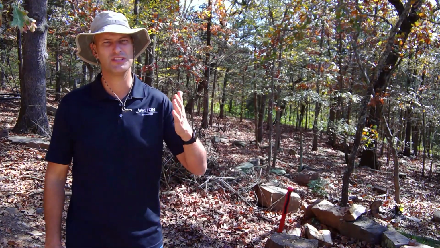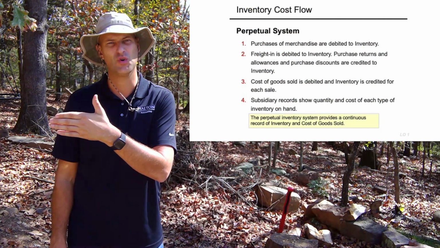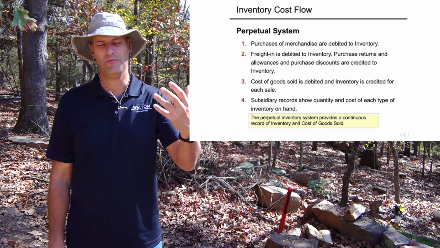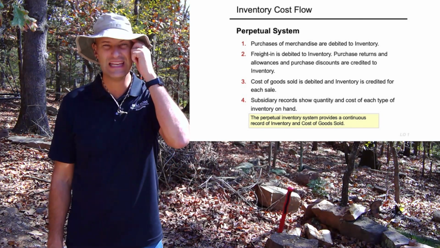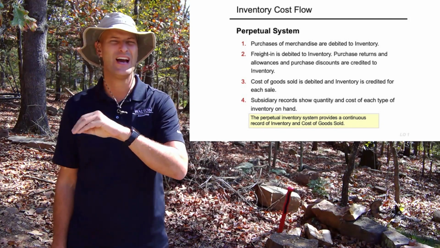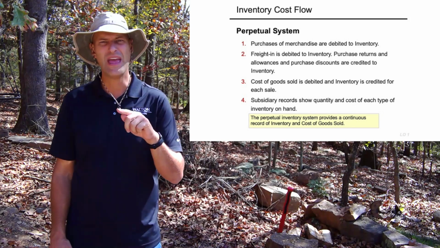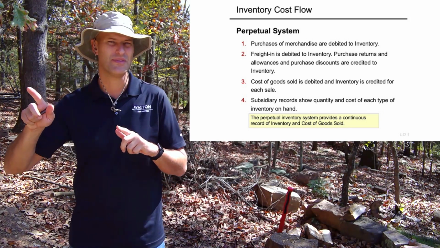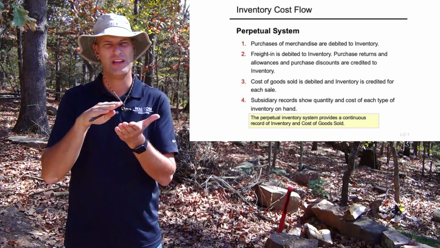So in a perpetual system, when you buy merchandise, it is put into inventory. You buy merchandise, you credit accounts payable, and you debit inventory. When the freight costs go into inventory, everything goes into the inventory account itself, and it's sitting in the inventory account. Then every time we sell something, we take it out of inventory.